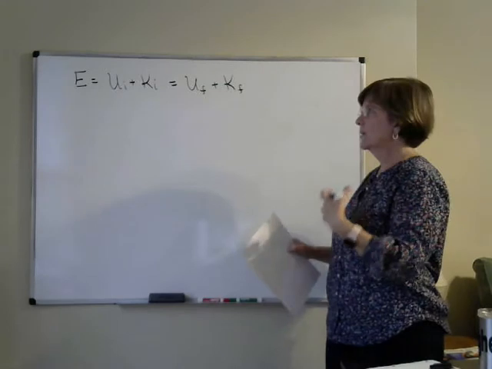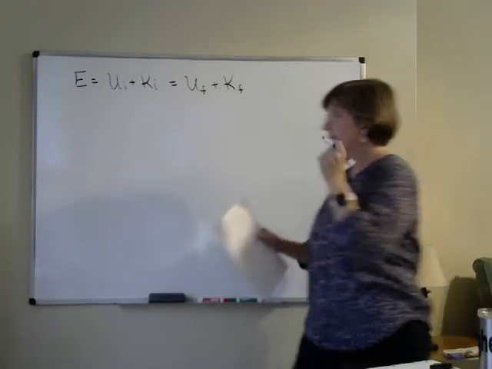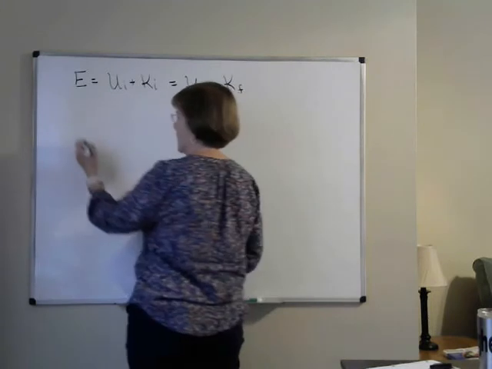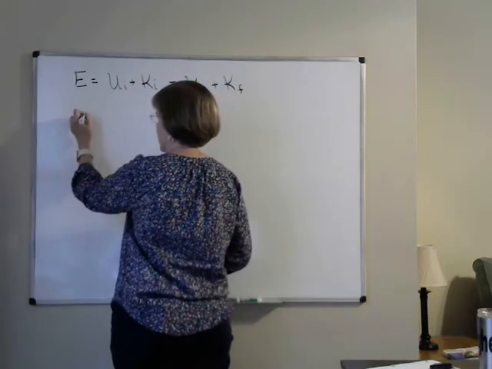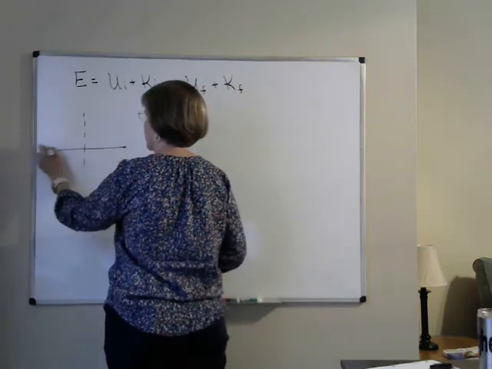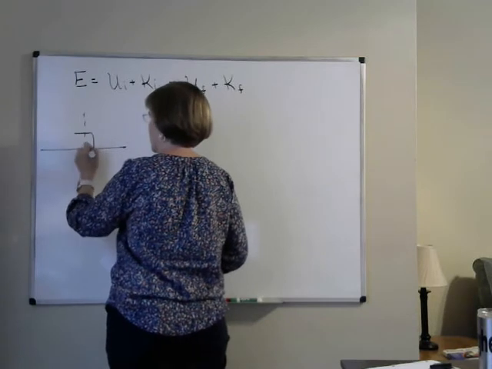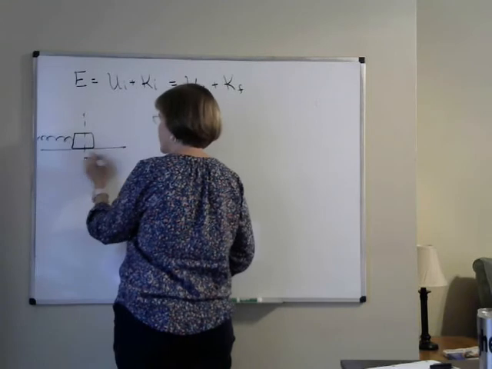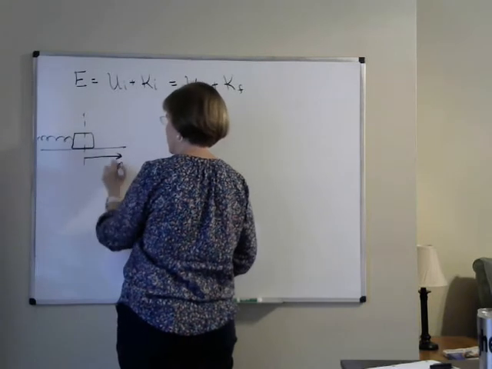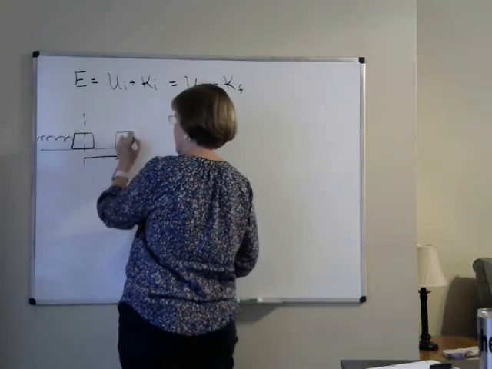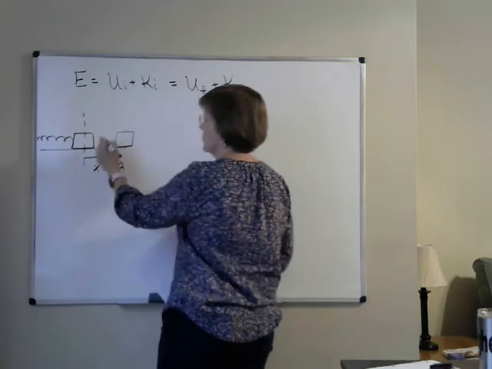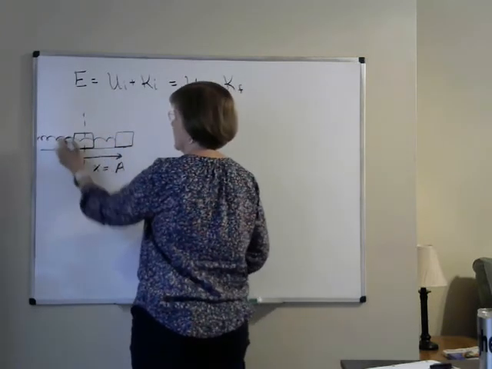That will be constant. Now, if we start a situation like our spring mass, here's equilibrium. And we pull this mass over here some distance A. So that's going to be x, right? Now it's all stretched out.